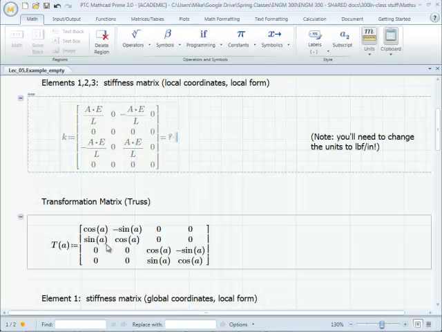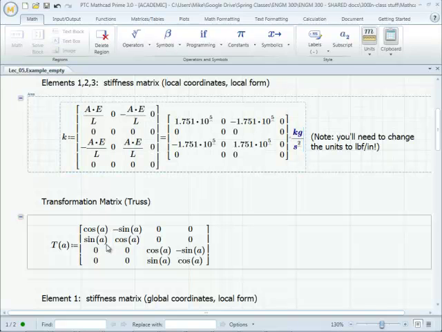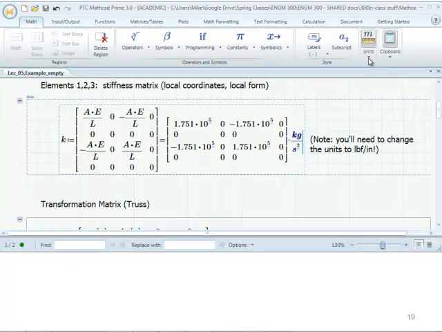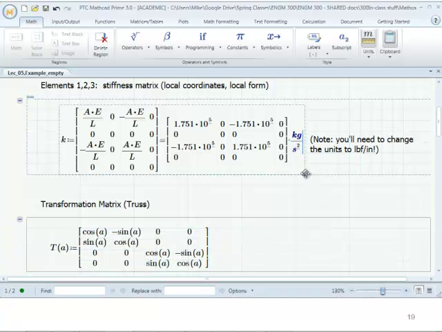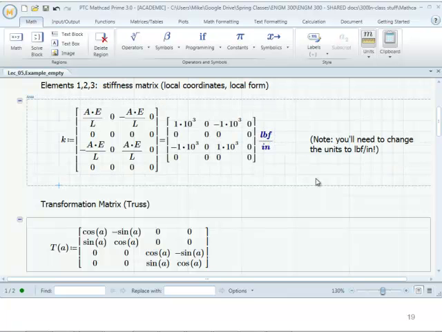Let's hit equals on that. I'm not getting 1,000. You guys getting 1,000? Oh, hey, look there. There's a nice little note. Backspace out that kilograms per second and type in pound force, lbf, divided by inches, and then enter.